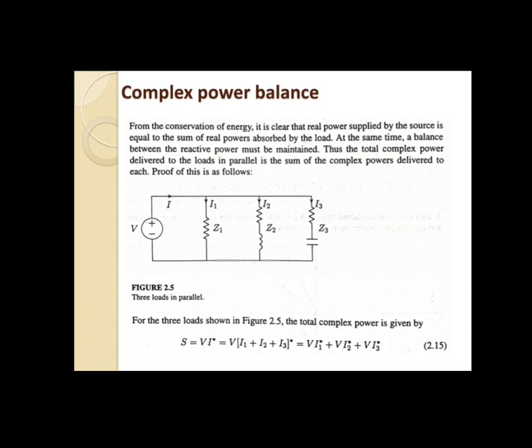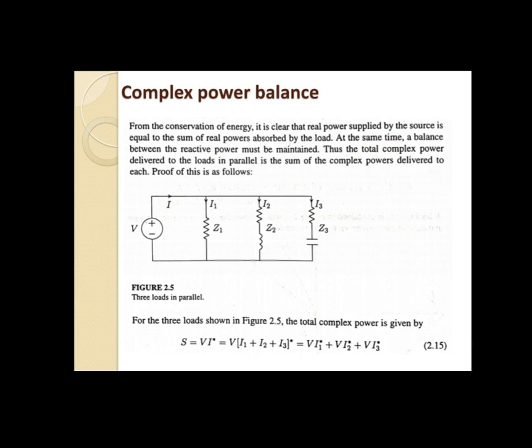In the figure, three loads are connected. First is Z1, and the current flowing through Z1 is I1. In the same way, the second load is Z2, and the current flowing through Z2 is I2. The third load is a capacitance, and the current flowing through Z3 is I3.